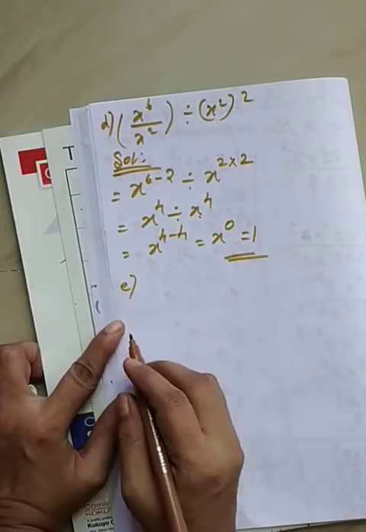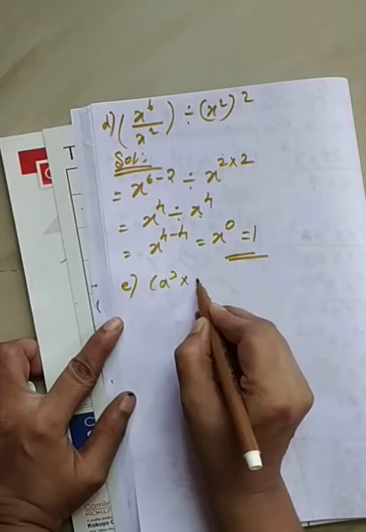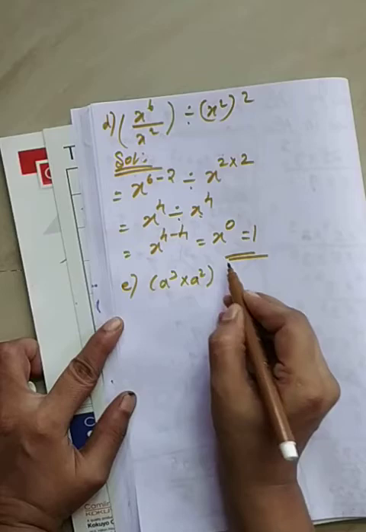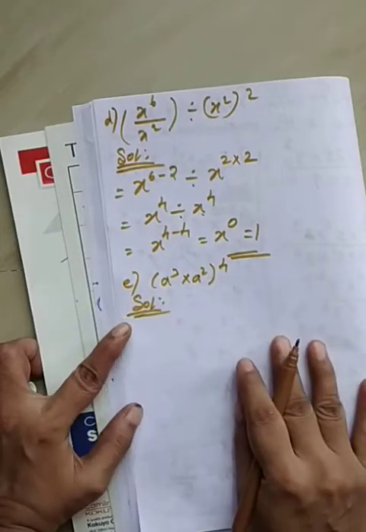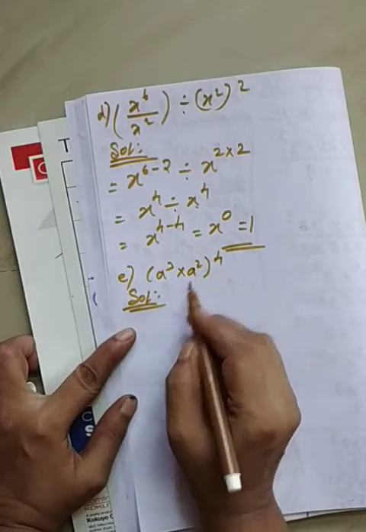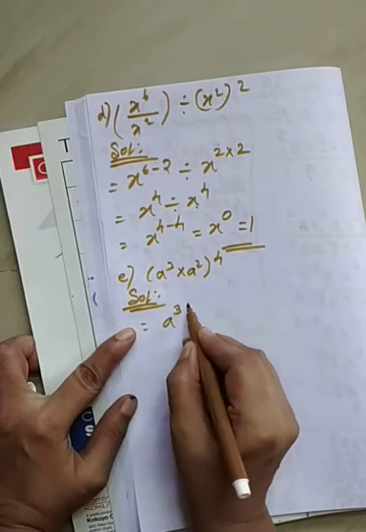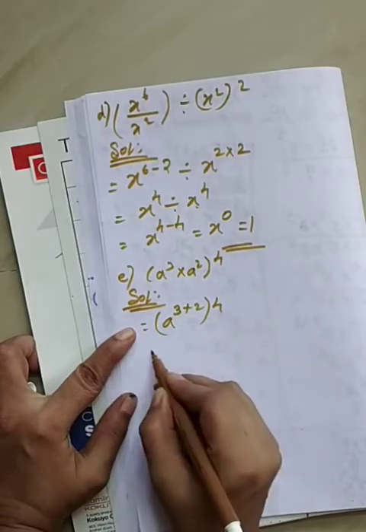The next problem, a cube into a square power 4. How can you solve? This is the easiest one. See here the base is the same. So first you have to add the powers. So a power 3 plus 2 first you have to write, and then put power 4.